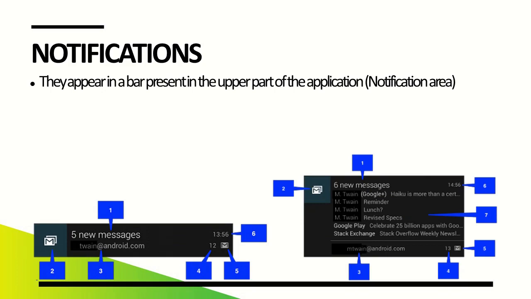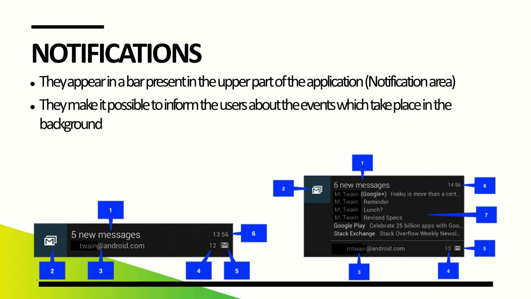In most cases, a notification includes an icon displayed the moment the element appears and a certain view which appears after expanding the notification area. The purpose of the notification is to inform the user that a certain event took place while he or she was present in another part of the application or somewhere else entirely.